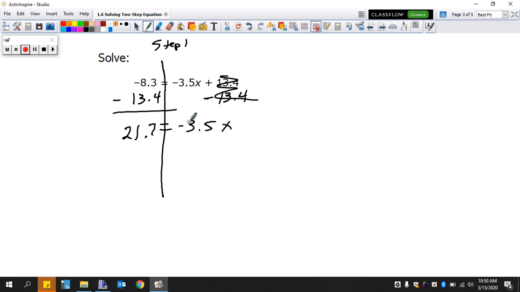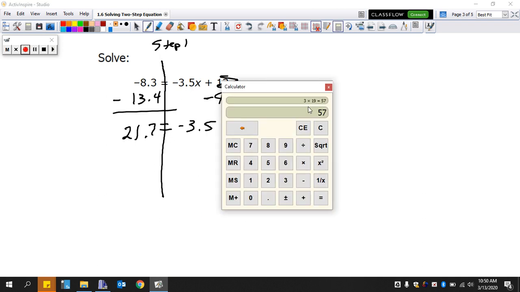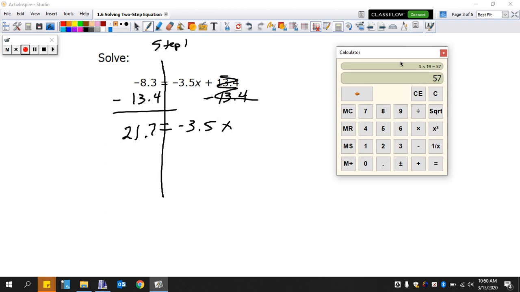If you're not comfortable with doing it in your head, use a calculator. You would do 8.3, make sure it's a negative, and then go minus 13.4. You end up with negative 21.7. So now we're going to divide both sides by negative 3.5.